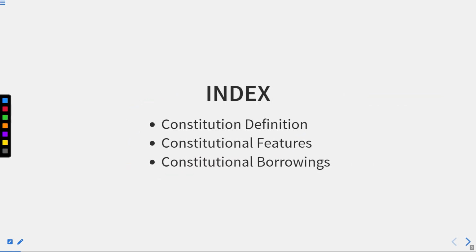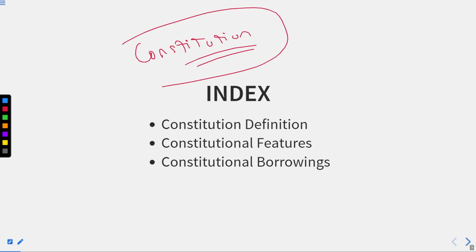As I have told you, we are going to start the discussion about the constitution. First, we have to start with the constitutional definition. That's the first part. Second is the constitutional features.